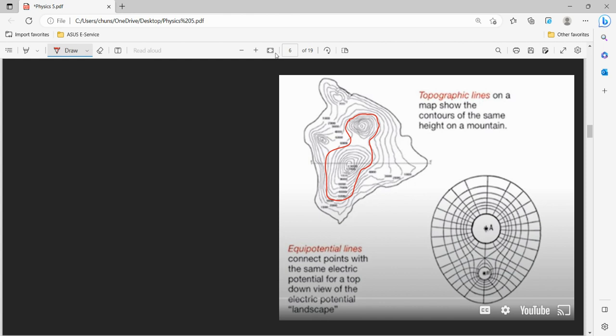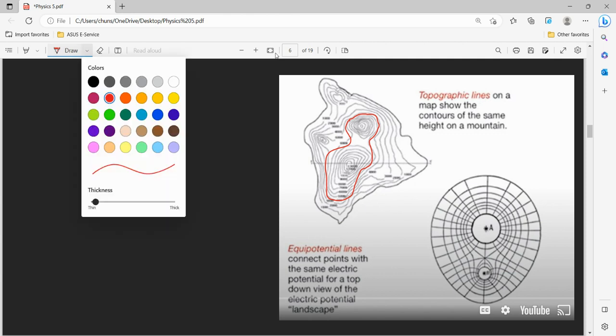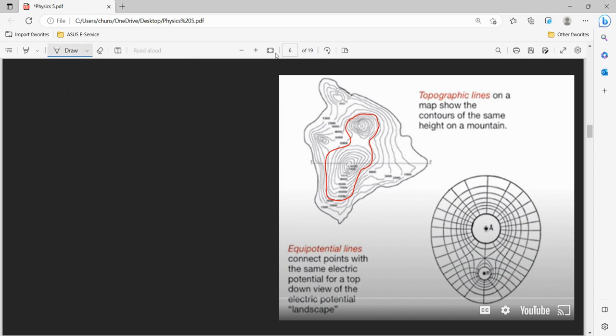The closer the lines together, the steeper they are. So this is basically just a bird's eye view of a mountain. If you went up to a mountain and drew a straight line all around the mountain at the same height, and you did that at different heights, connecting them all together, that's what you would create using a topographic map if you saw it from above.